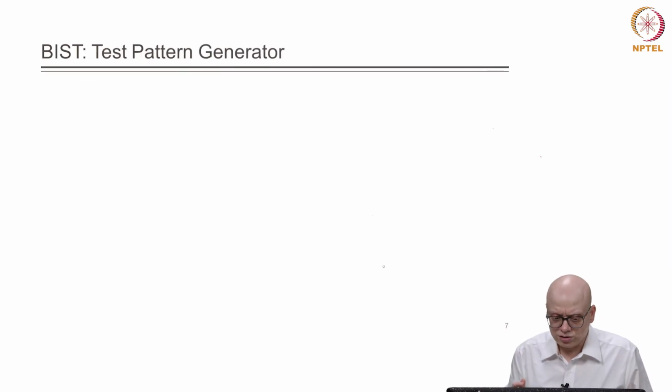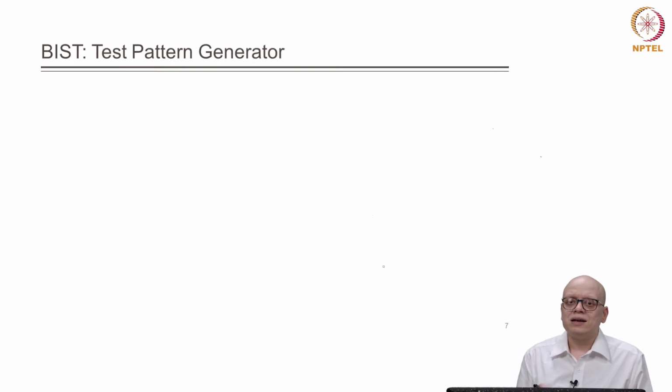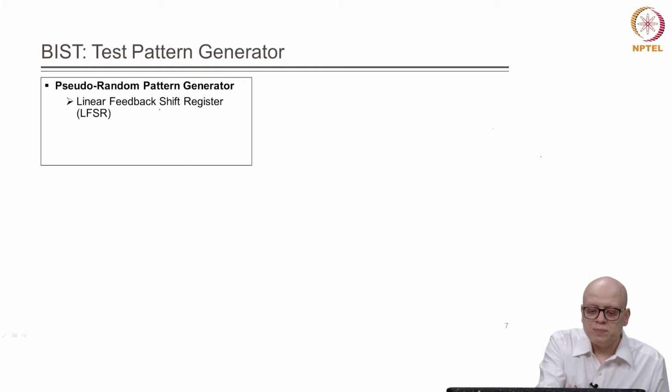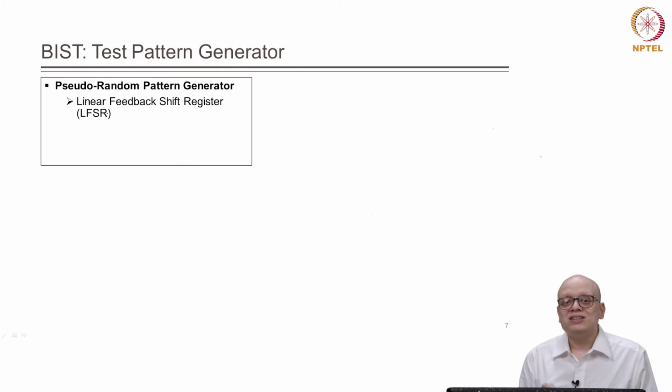Now, let us look into how we can generate test patterns or random test patterns in BIST based testing. We typically use a linear feedback shift register to generate random test patterns. Why do we use this kind of circuit, a linear feedback shift register or LFSR?